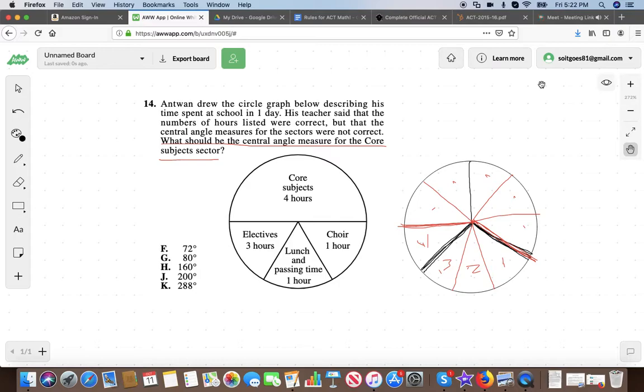Okay. The question is, what's that angle for 4 hours? Does that make sense? Yes. Okay. Look at the answer choices. What's the right answer choice? Without doing a calculation, what's the right answer choice? Gotta be 160. Probably 160, right?